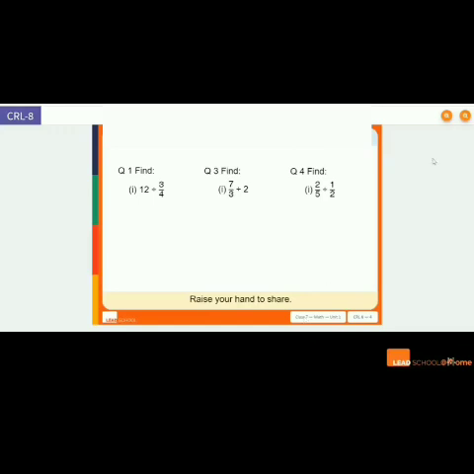Last 2 minutes. Last 1 minute. Make sure you're using the concept of reciprocals here.